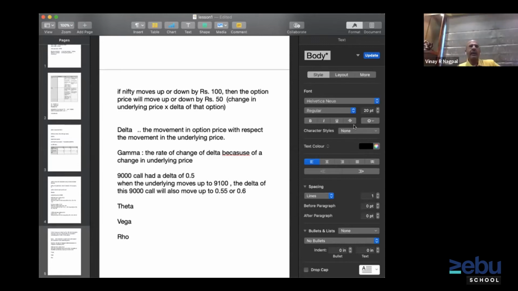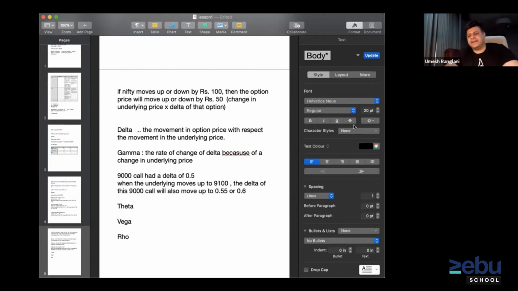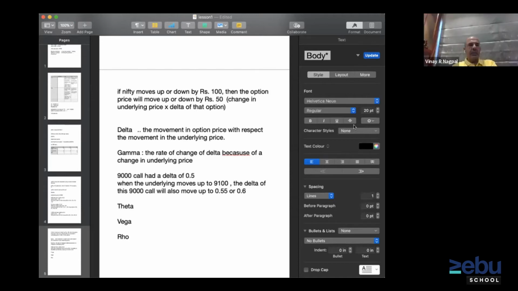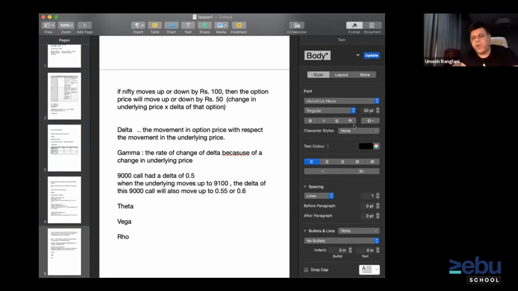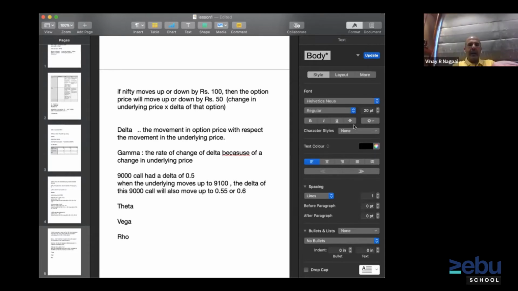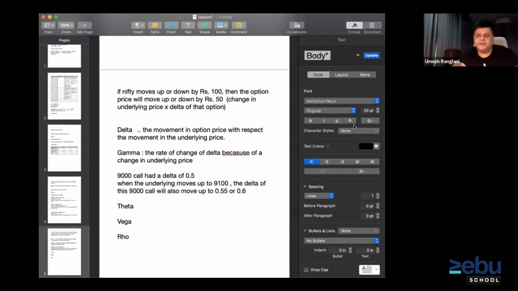So the moment it gets in the money, the delta keeps rising. Absolutely. So let's say Nifty is at 9,000 now and we are looking at a 9,000 call. As Nifty goes to 9,100, the delta of the 9,000 call will keep rising. Absolutely. And if it goes to 9,200, it will rise further.